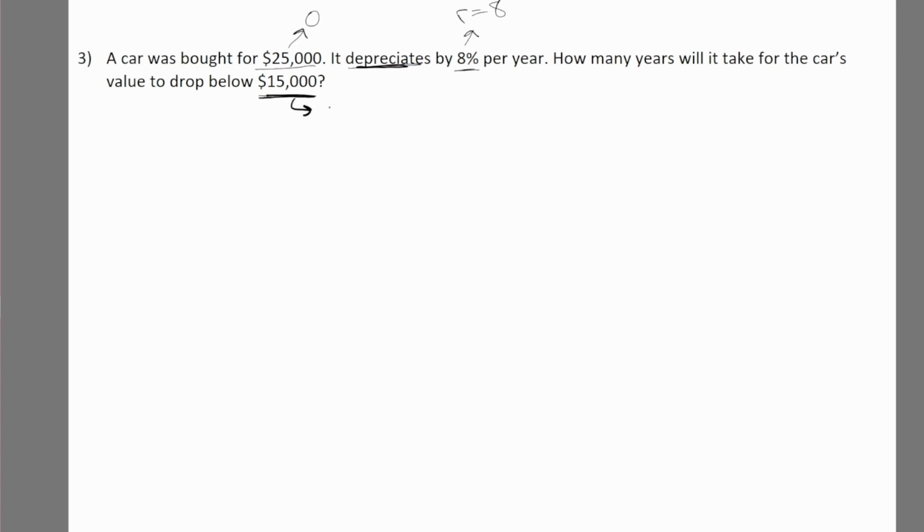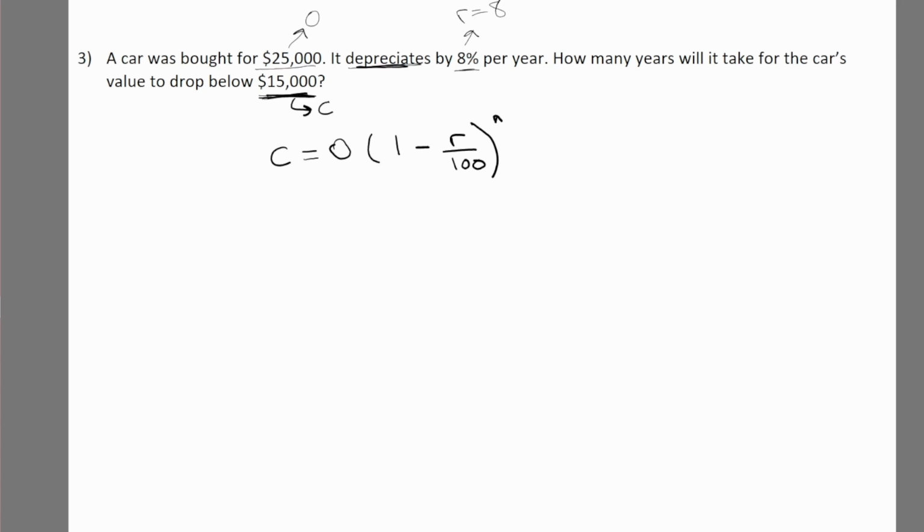So this is the current value. Current is equal to original multiplied by 1 minus, because this is depreciation, R over 100 to the power of n. Now, we want the value of the car to drop below 15,000.